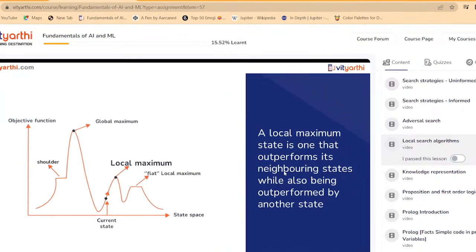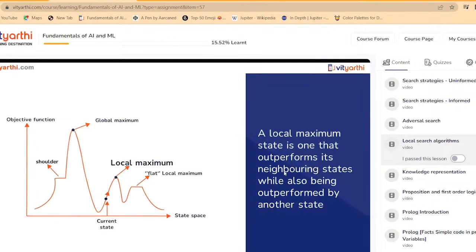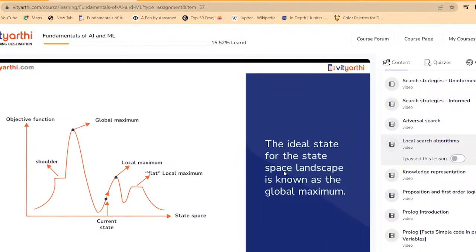A local maximum state is the one that outperforms its neighboring states while also being outperformed by another state. The second one, global maximum.